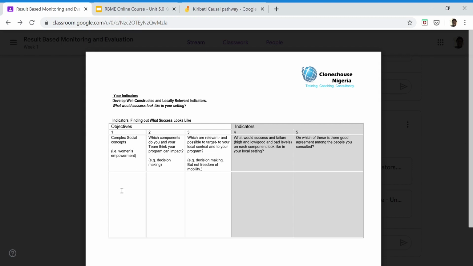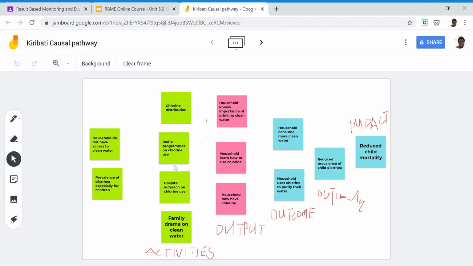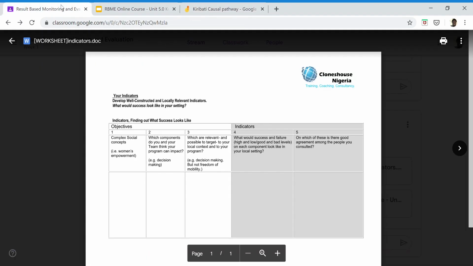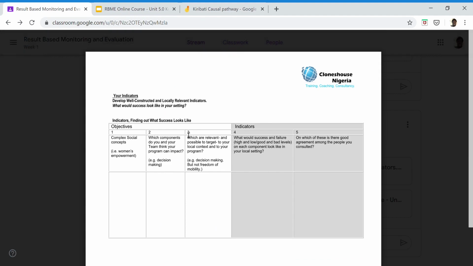You can put the objective of the indicator you're looking for here, which is relevant and possible to target to your local context. So for each of what you have in here, you put them here, and you might leave 2 and 3 if you do not know.